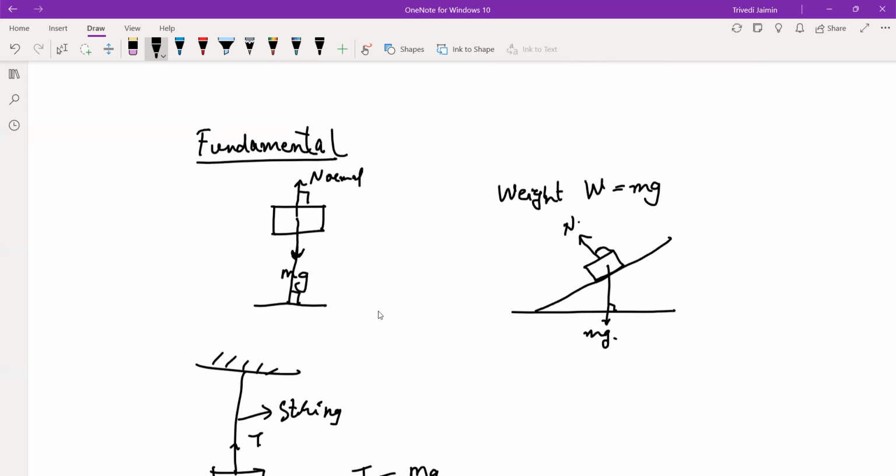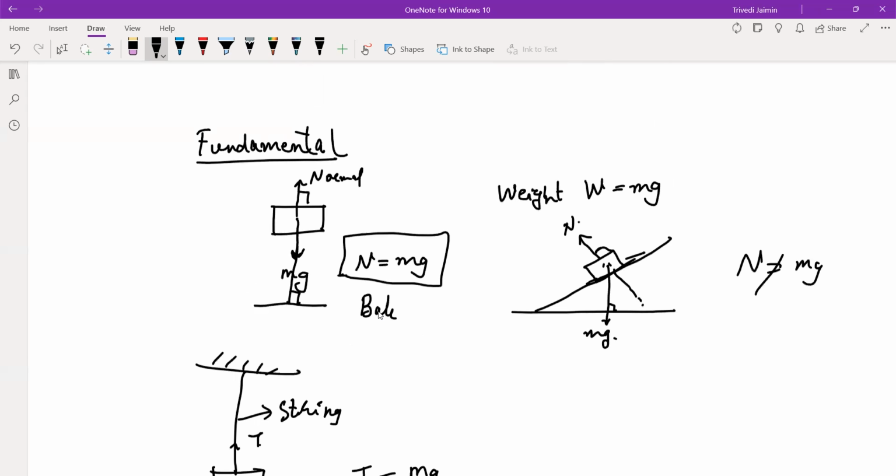Now let's come back here. Here normal force N equals mg. I'm equating this. So if this condition comes, that means this is a balanced force. Here they both are not balanced. That's why this is sliding. If you observe this one, it's sliding down, because N is not equal to mg. It is at some angle.